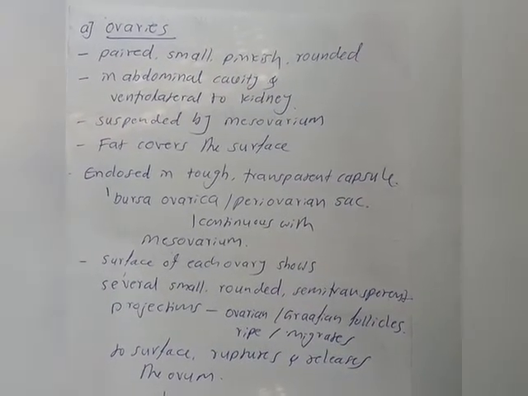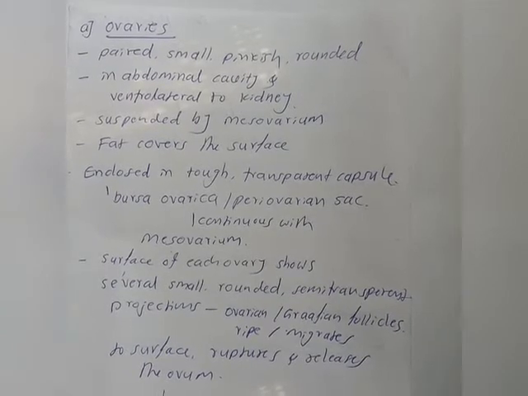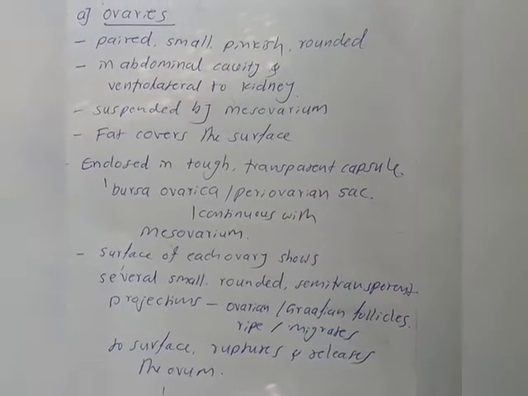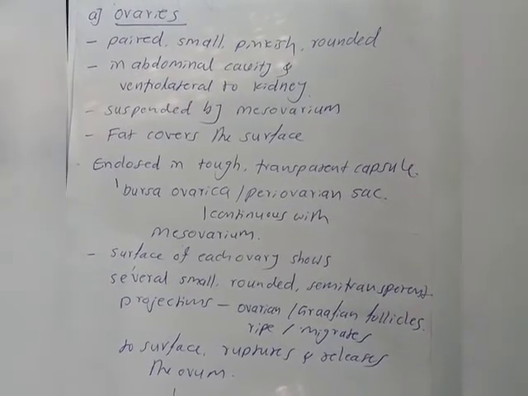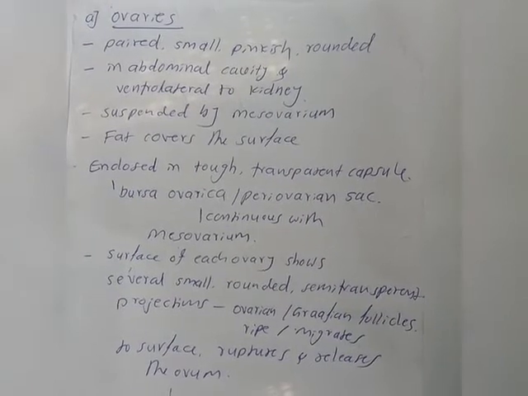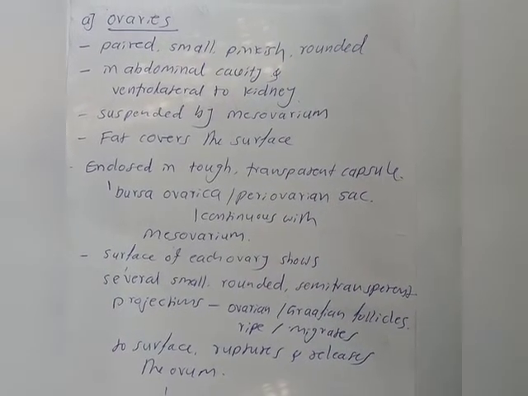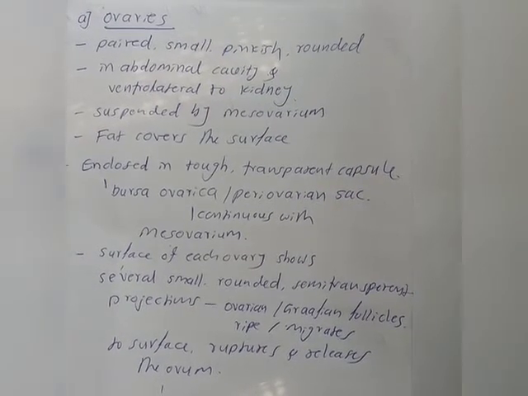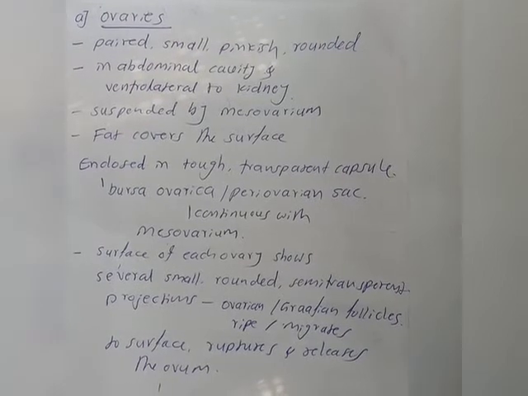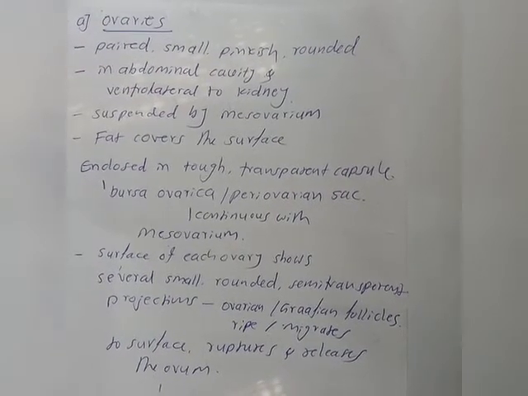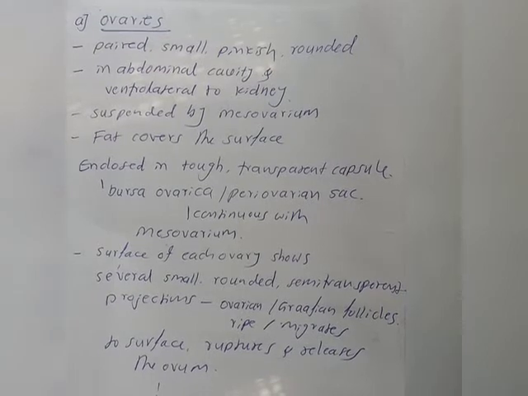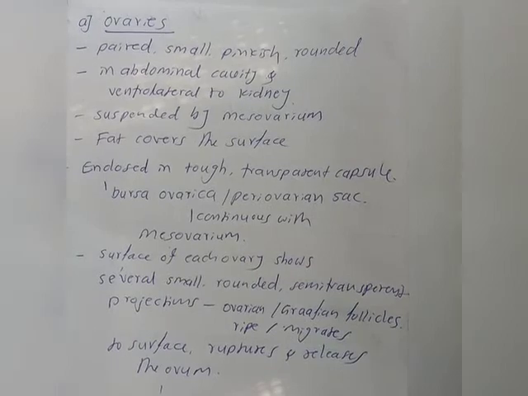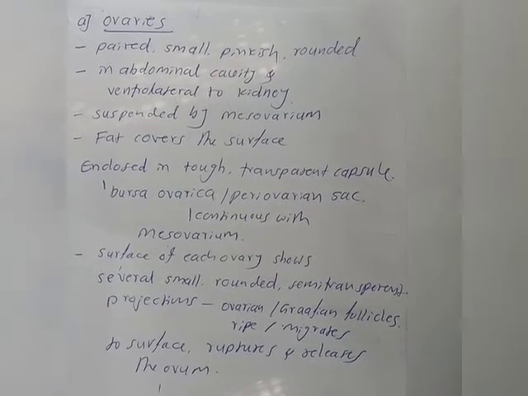Each ovary is enclosed in a tough transparent capsule that is called as the bursa ovarica. त्यालाच म्हणायचं bursa ovarica. Or it is also called as periovarian sac. It is continuous with the mesovarium. The surface of each ovary shows several small rounded semi-transparent projections called ovarian or Graafian follicles.